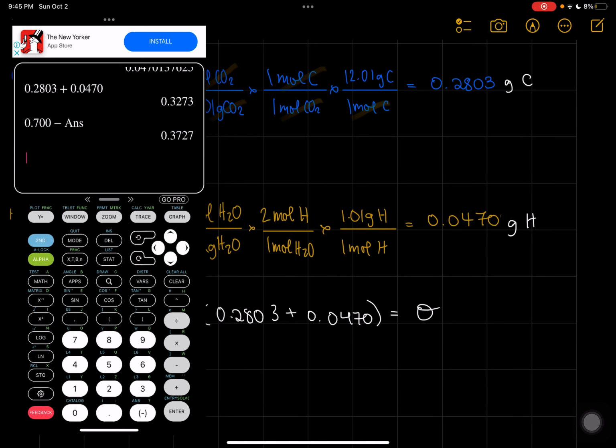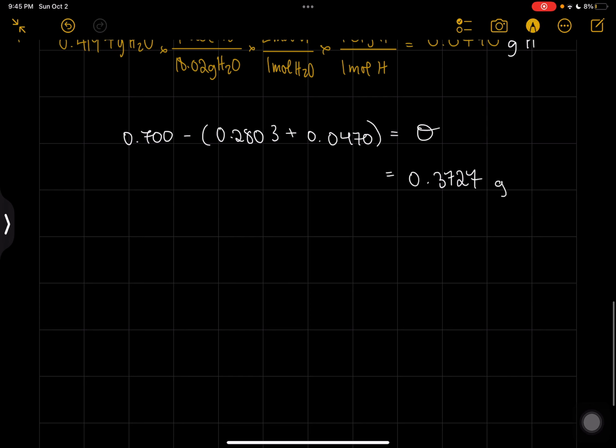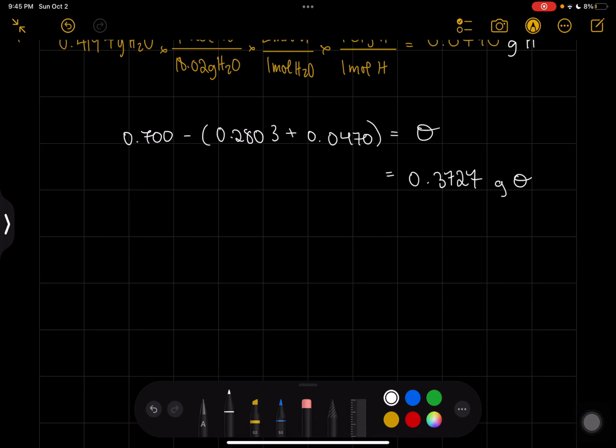I get 0.3727. Okay, that looks pretty correct. So 0.0727 grams of oxygen. See, 2 zeros so we don't get confused.